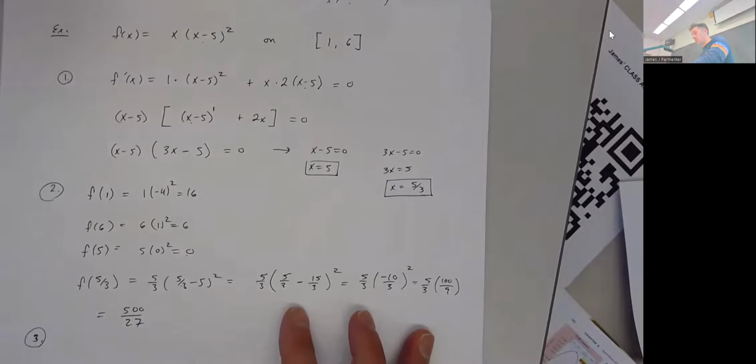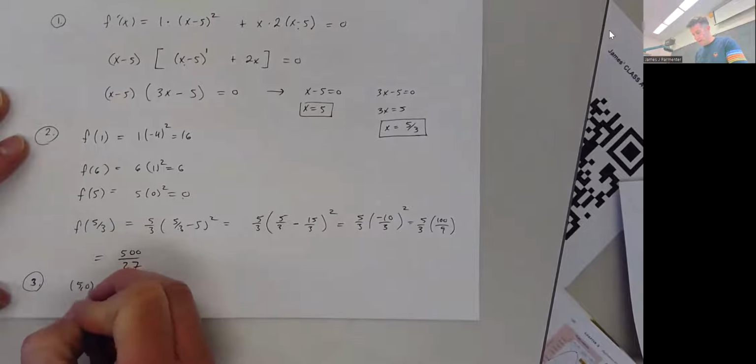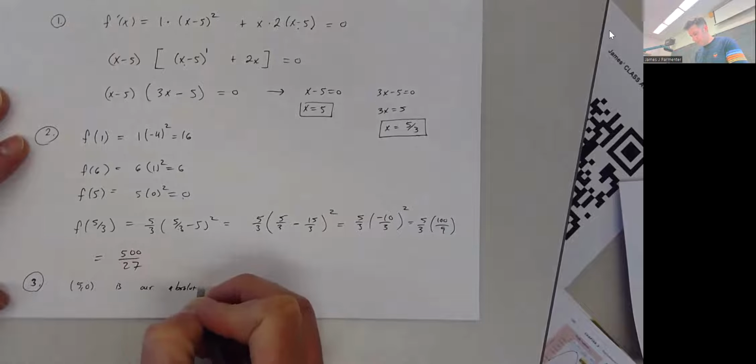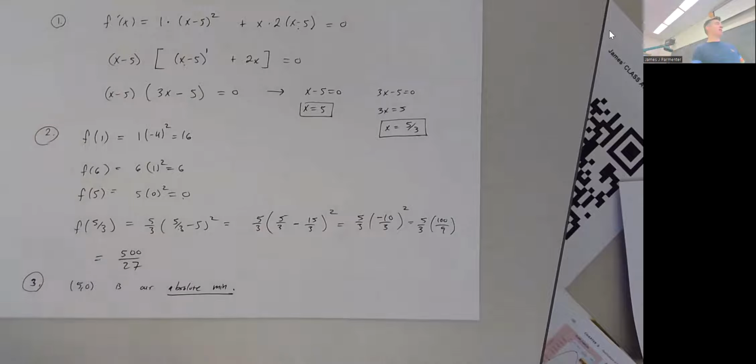The most inclusive way is to say the point (5, 0) is our absolute minimum. Other ways to phrase this: we have an absolute minimum at x equal to 5. We have an absolute minimum value of y equal to 0. The place that it occurs at is the x coordinate. The value is the y coordinate.